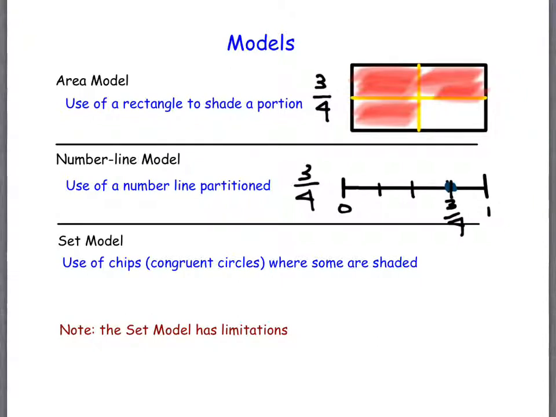And the last one is a set model, which you saw me use as well with those chips that were shaded in. That's called a set model. It uses chips or congruent circles where some are shaded in. And so again, if we had 3 over 4, the easiest way to draw a set model would be to draw 4 chips and shade 3 of them.